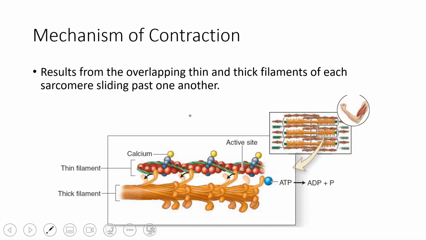So then we will look at the mechanism of contraction. Right? So when there is an impulse, calcium is released into the cytoplasm or the sarcoplasm, right? Then this calcium comes and binds to troponin C. Then there's a change in this troponin structure, and it helps to move the tropomyosin away from the actin binding sites, right?